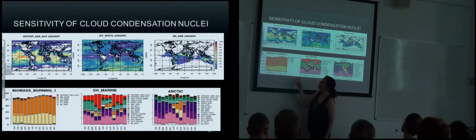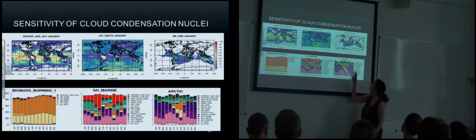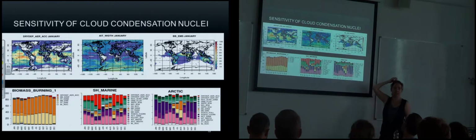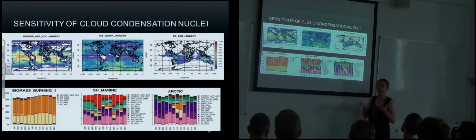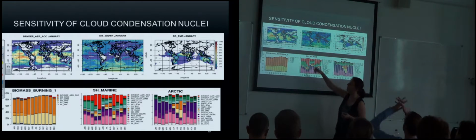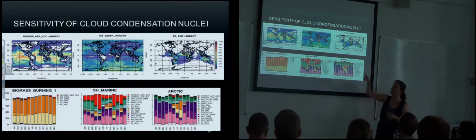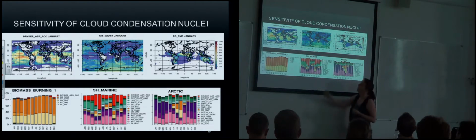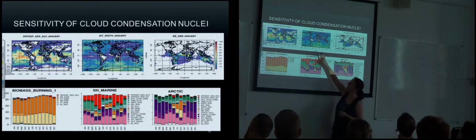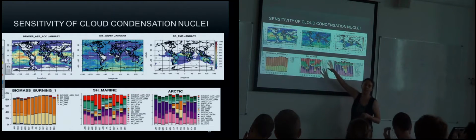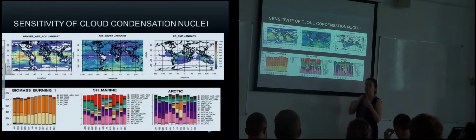Okay, and that will reduce the uncertainty by over 50%. So you'll reduce your PDF of CCN for each of these grid boxes by over 50% if you learn that parameter in January. And then different parameters do different things. This is one of the parameters that categorizes the aerosol and how that changes.